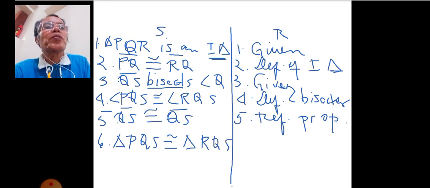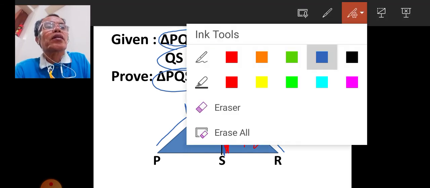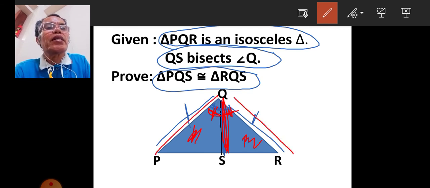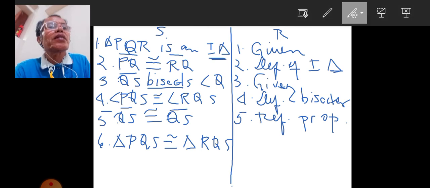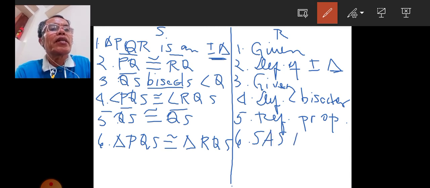So what would be our reason? Our reason is this side is congruent to this side, this angle is congruent to this angle, and this side is congruent to this side. So that is side, angle, side. So number 6, that is side-angle-side postulate.